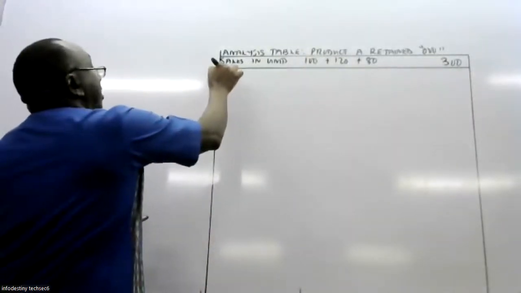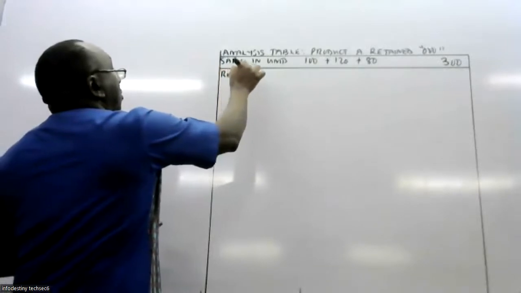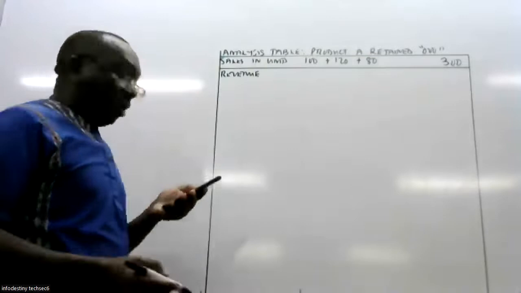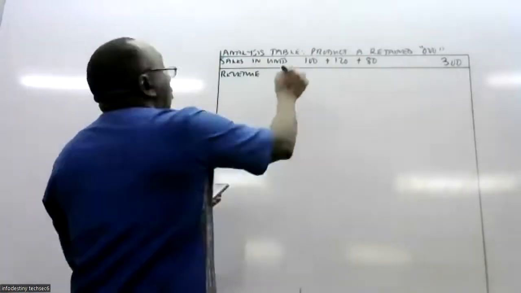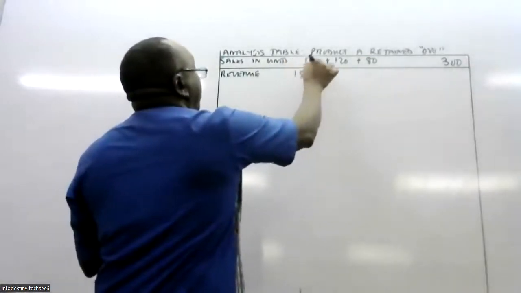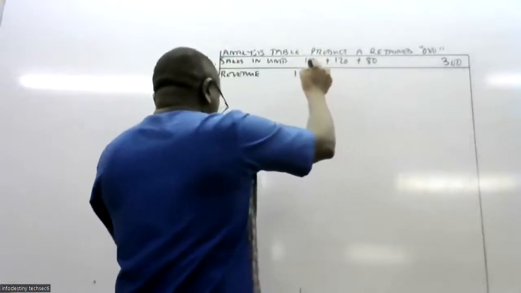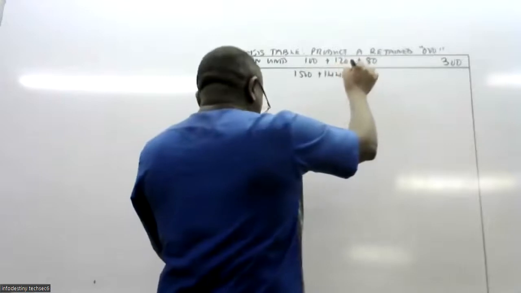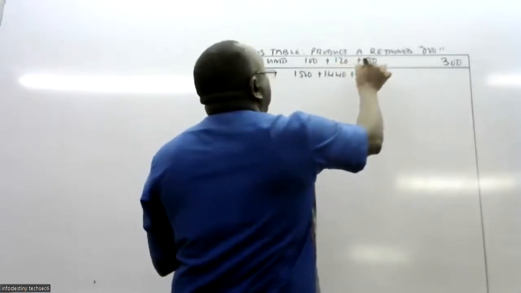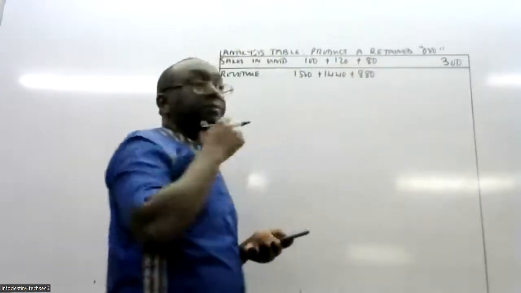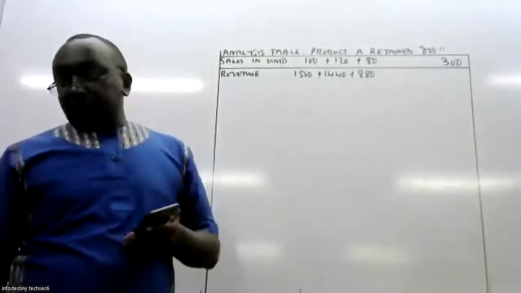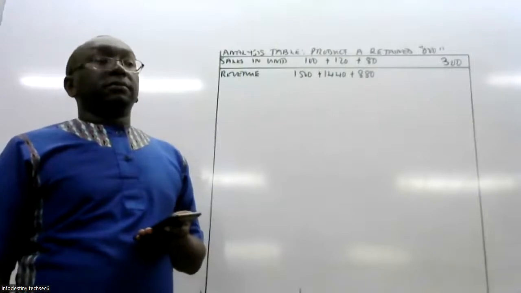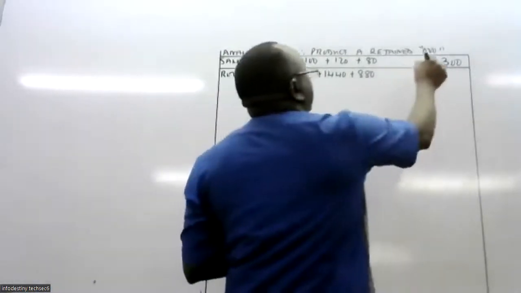We have revenue. Now revenue, you add all of them. We have 1,500 plus 1,440 plus 880. That's 3,820.